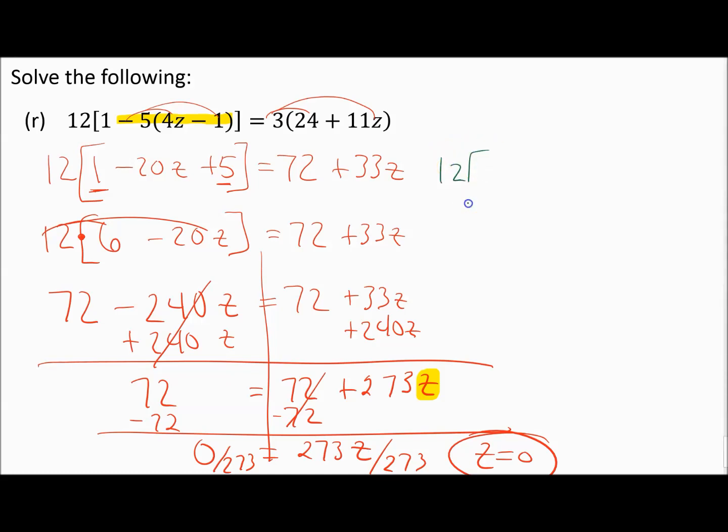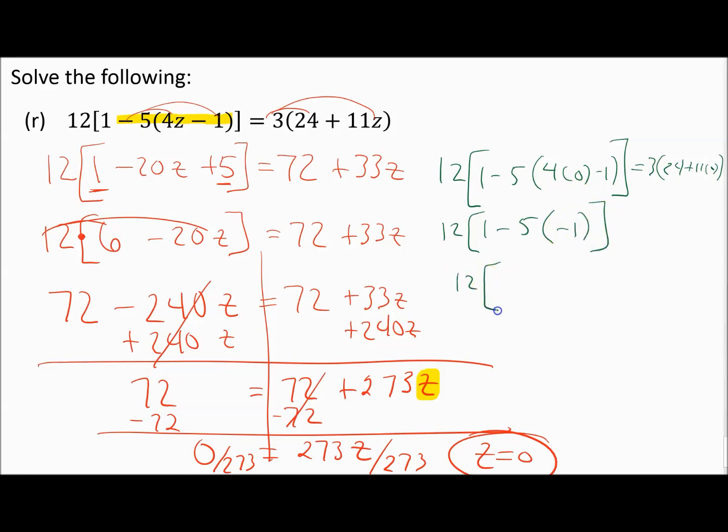So 12 times 1 minus 5 times 4 times 0 minus 1, is that equal to 3 times 24 plus 11 times 0? So I have 12 times 1 minus 5, and 4 times 0 is 0, minus 1 is negative 1.